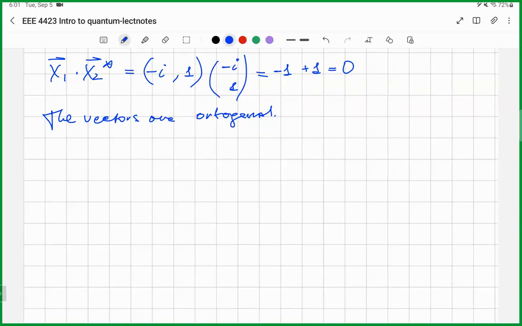Okay, and since these vectors are orthogonal, once again, one can use them to span the basis, to represent the space using that basis.